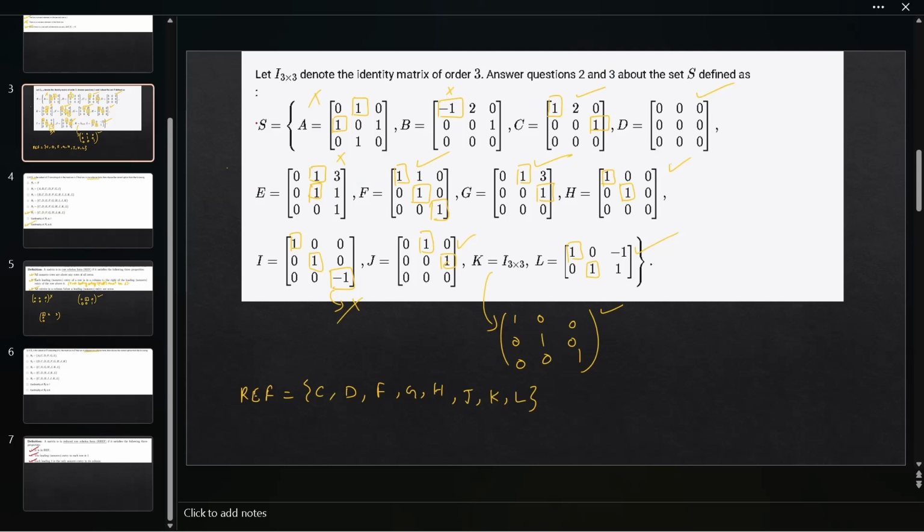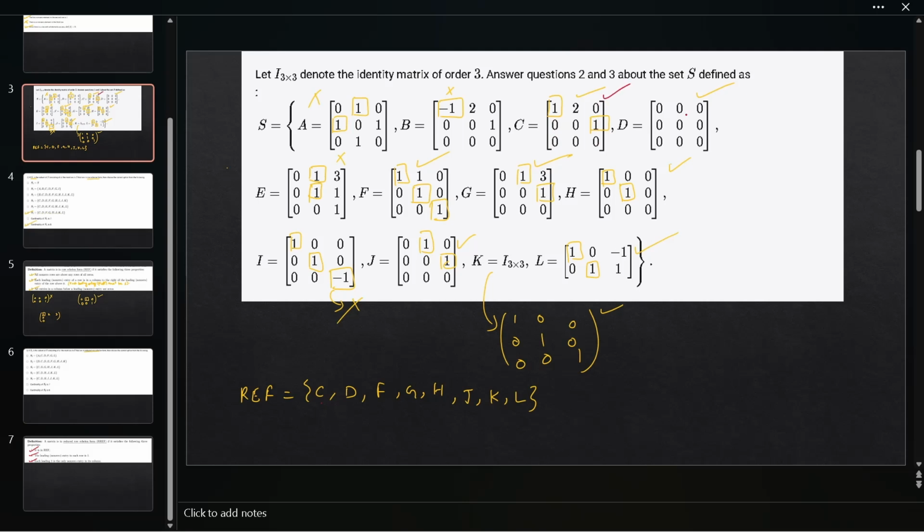Now let's check. A and B are not in REF form, so the first property is not satisfied. So we'll only check the matrices which are in REF form, that is starting with C. Here in C, 1 is there and all the other entries are 0. Yes, 1 is there. All the entries below it and above it are also 0.